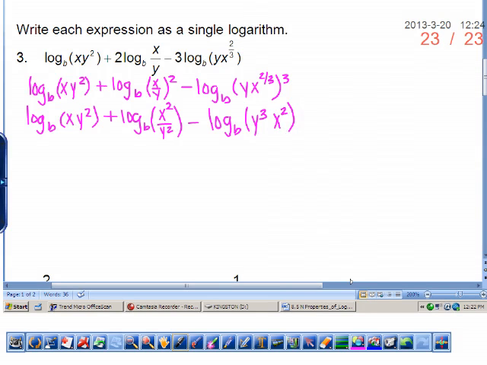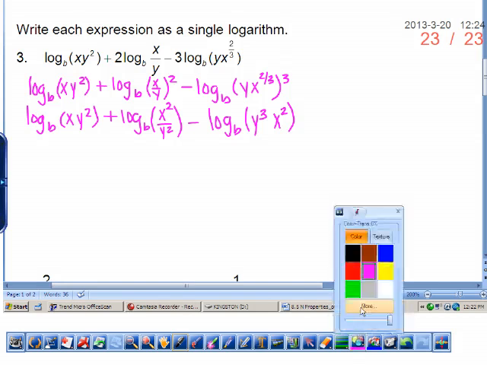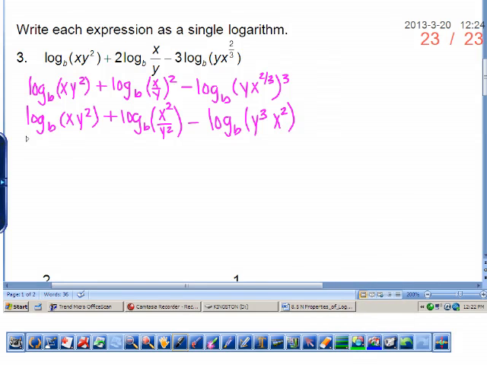Okay, the next thing we're going to do is start condensing. Remember, when you're condensing more than one log, you have to work from left to right. We're just going to go step by step in order. So I'm going to start with these 2 logs. Which property do I need to use here? The product property. Good.